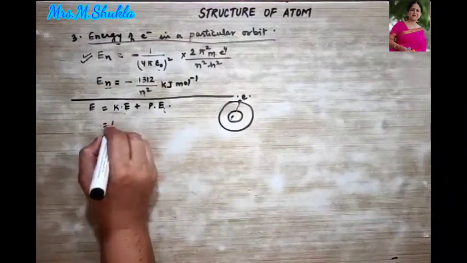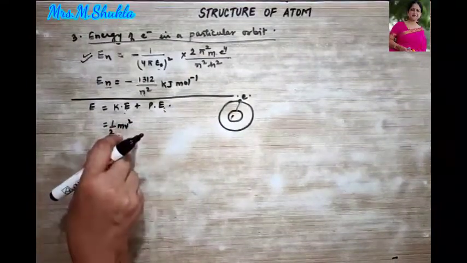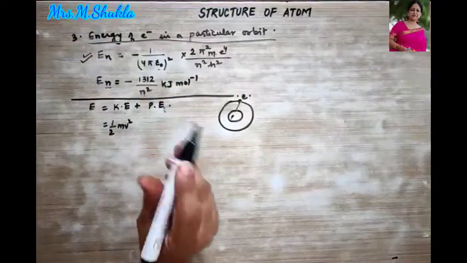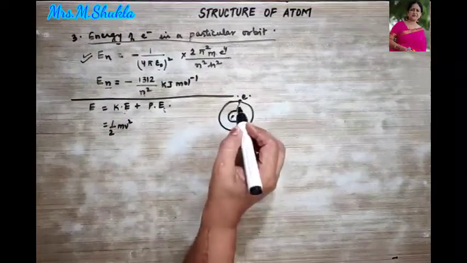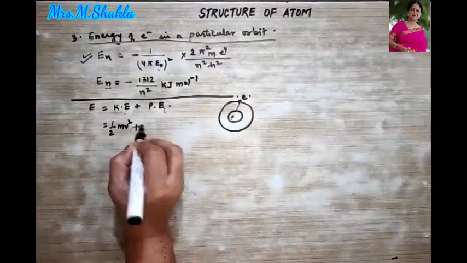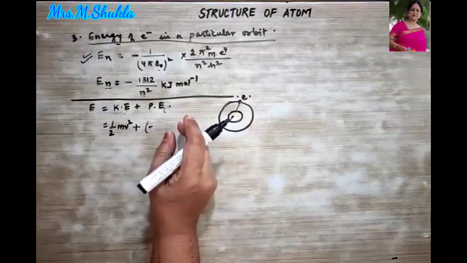Thus, what is kinetic energy? Kinetic energy is equal to half mv square. I hope you all know this, right? Now, what is potential energy? We should always know that potential energy is always given in minus. Why is it given in minus?